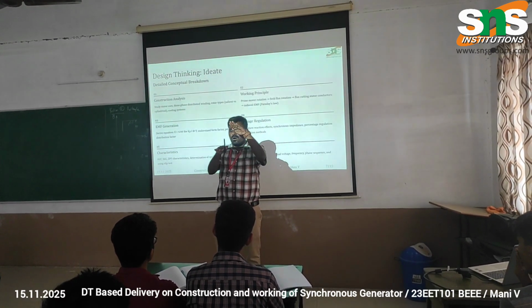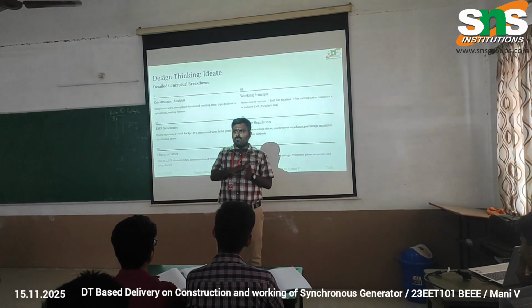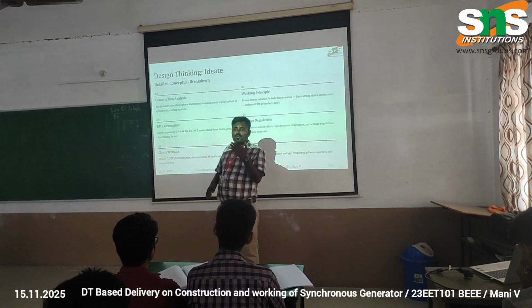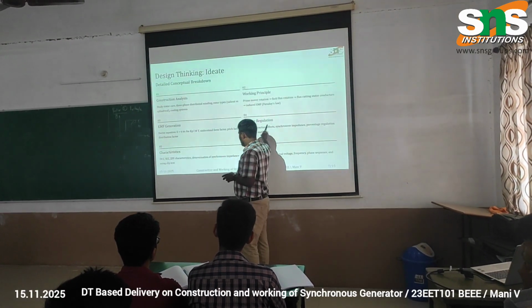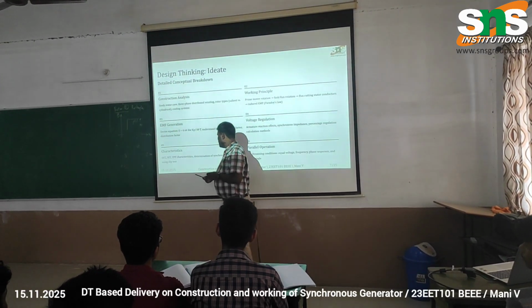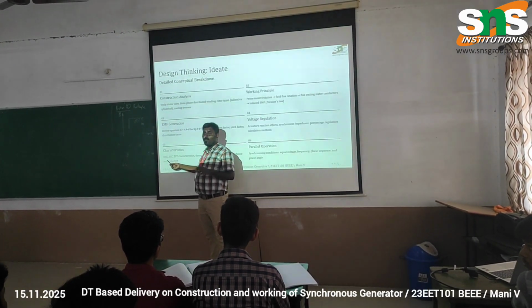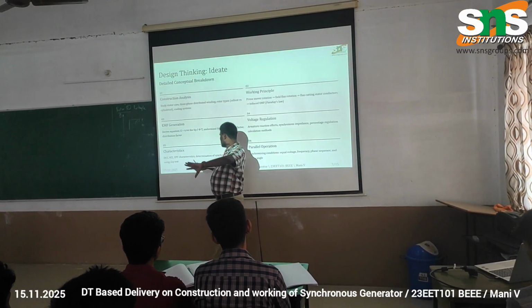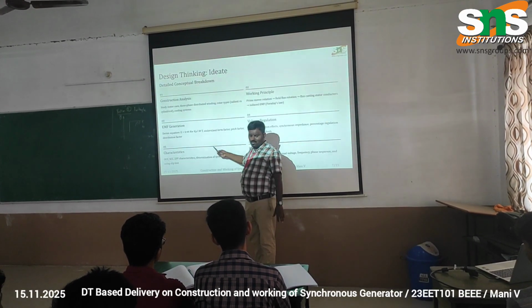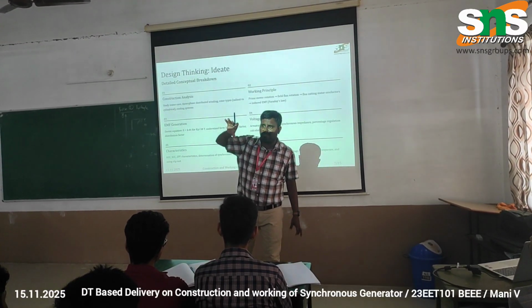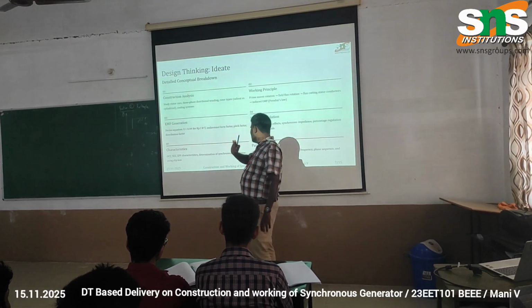The difference of voltage between no load and full load should be minimum, so that we can maintain the voltage regulation. And to determine the characteristics of the synchronous generator, we can use either the open circuit characteristics, short circuit characteristics, zero power factor method, or slip test, to determine the performance of the synchronous generator.